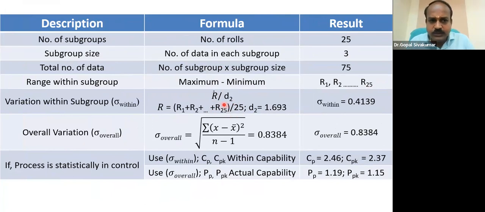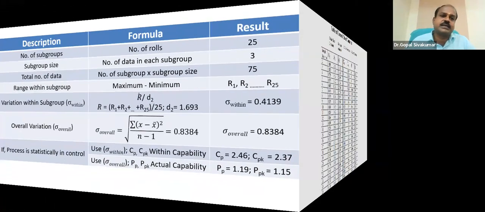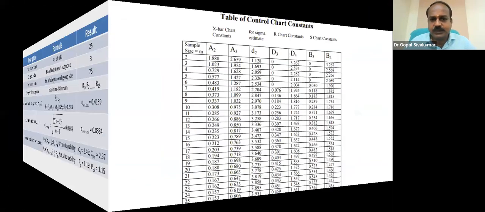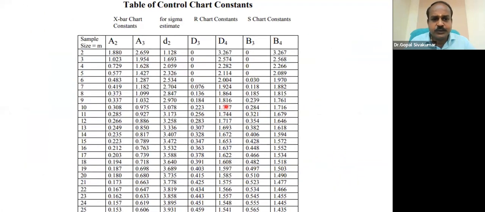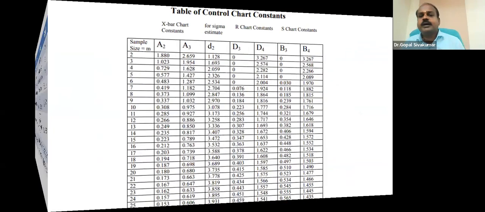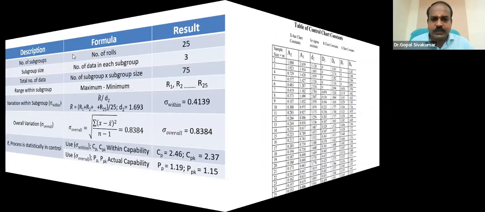Afterwards, to convert the range into an appropriate standard deviation, because we always need variation in terms of standard deviation, the formula is R bar divided by d2. And d2 is a statistical constant that depends on subgroup size. You see here, for a subgroup size of 5, the d2 value is 2.326.